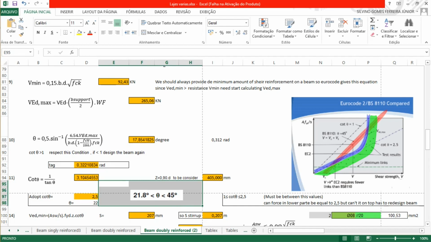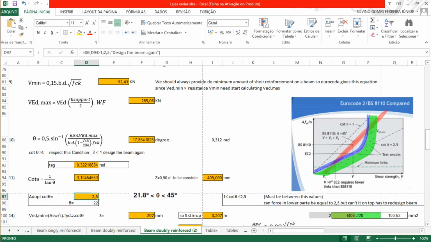We're going to go with the links, the stirrups, pulled up to 22. So cot of theta of this is 3.10 and the limit is 2.5. So we adopt cot of theta equal to 2.5. Theta is 22 degrees. With this we're going to calculate it.